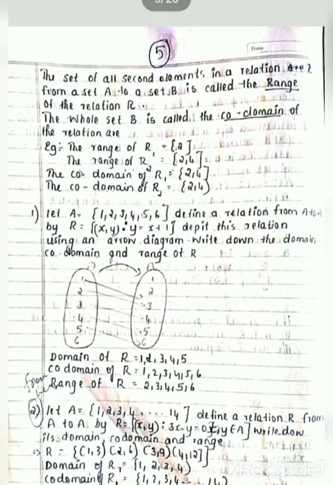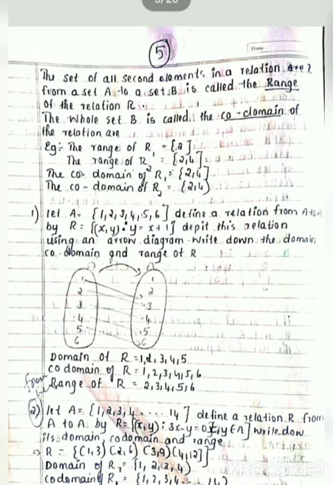Write down its domain and range. So first you write the set A. Write down two ovals. Inside that the relation is defined from A to A itself, A to A here, not A to B. So both sets are A, {1, 2, 3, 4, 5, 6}.